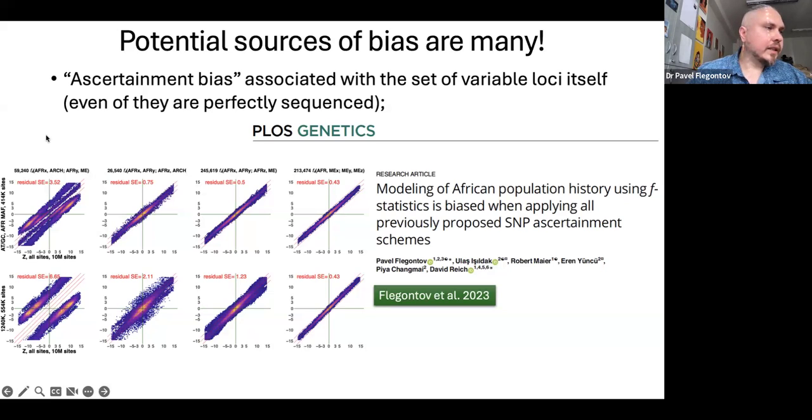And under the assumption of cladality, under the assumption that this particular tree is true, this F4 is expected to be 0. And differences in F4 from 0 suggest that there is gene flow between at least 1 pair of groups in these 2 clades.